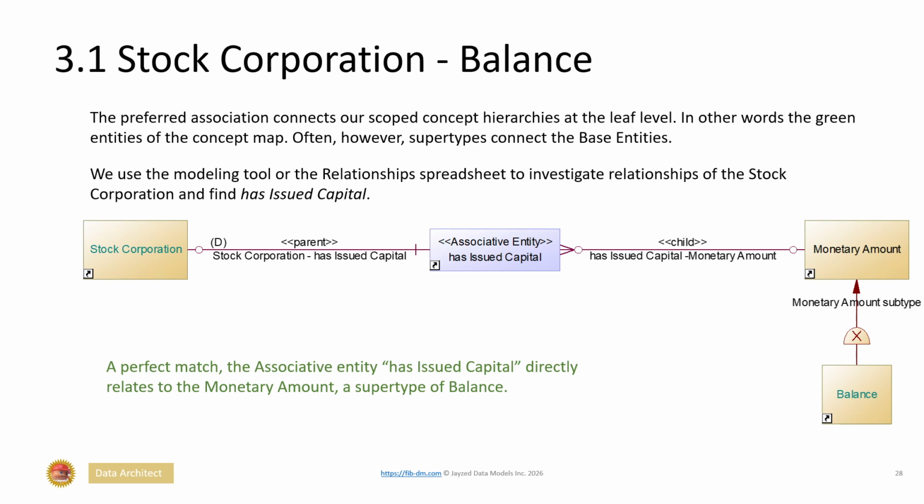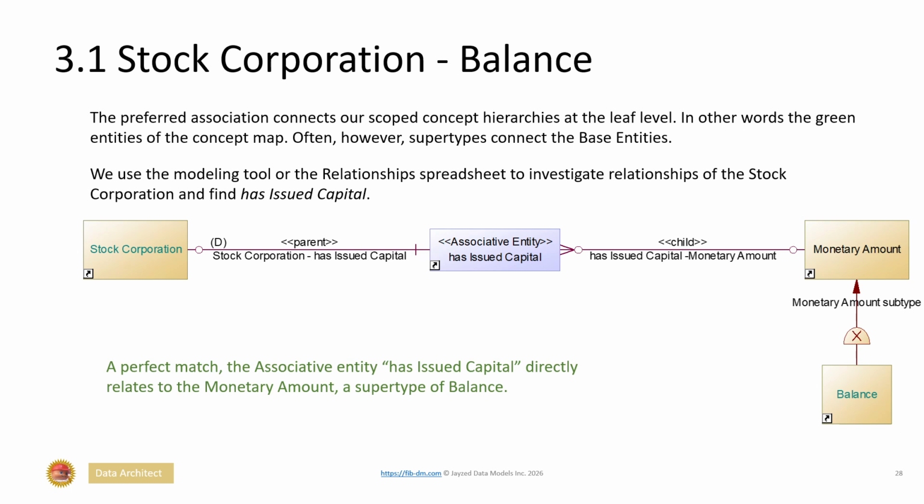And here my recommendation is always use the concept hierarchy at the leaf level, at the lowest level, in other words, the green entities of the concept maps, not associations between the supertypes where possible.